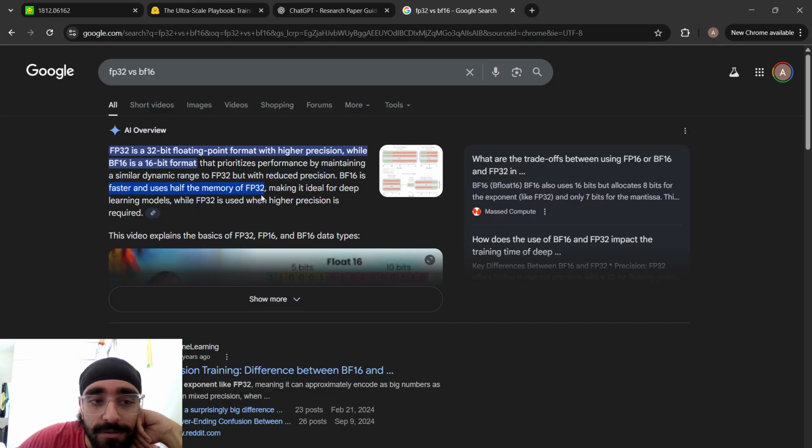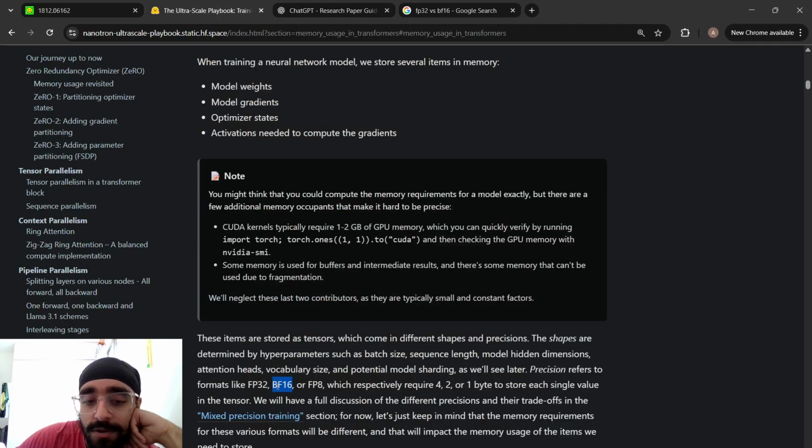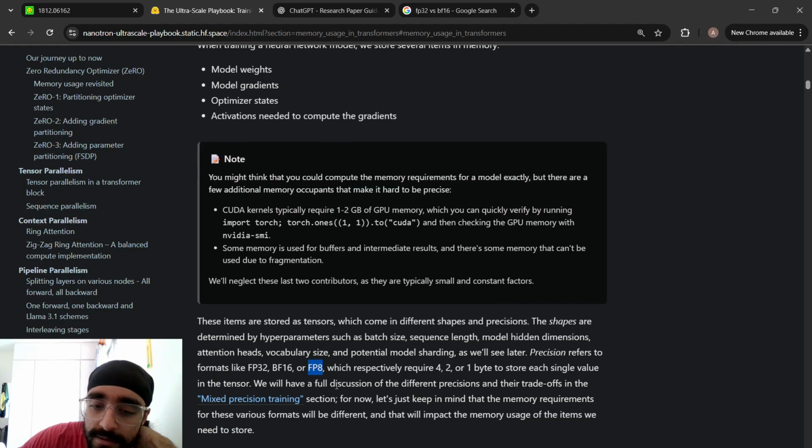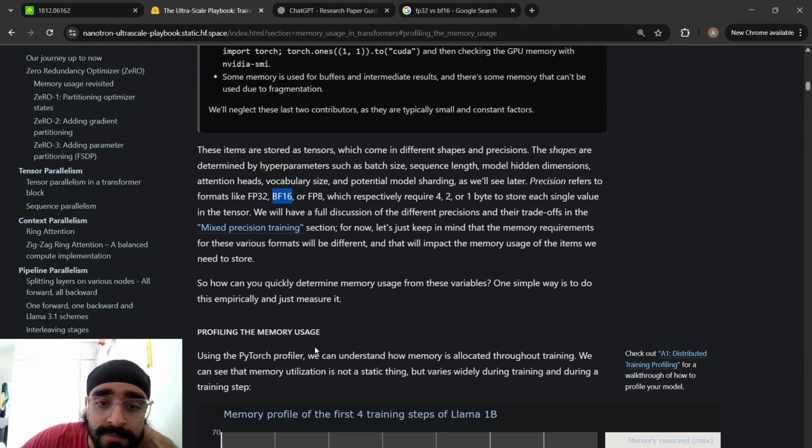The reason we use BF16 instead of FP32 is that computations in BF16 are much faster. You can extend this analogy further to FP8, which is even faster on hardware compared to BF16 operations.